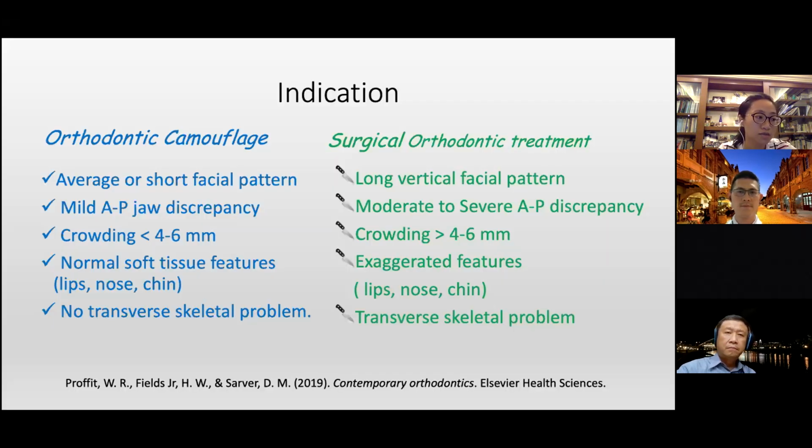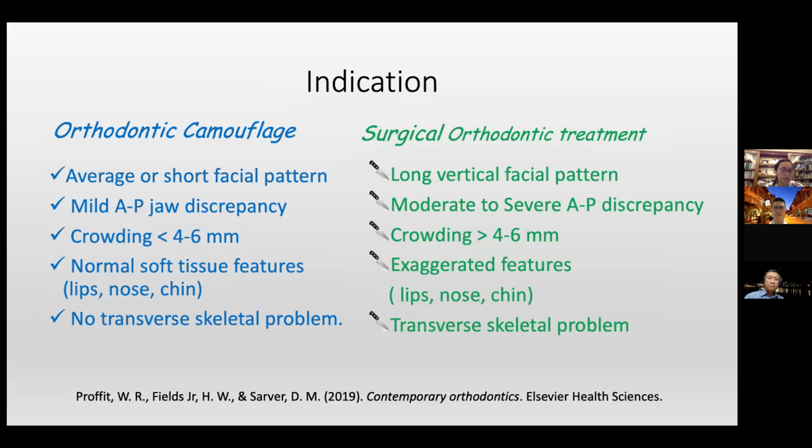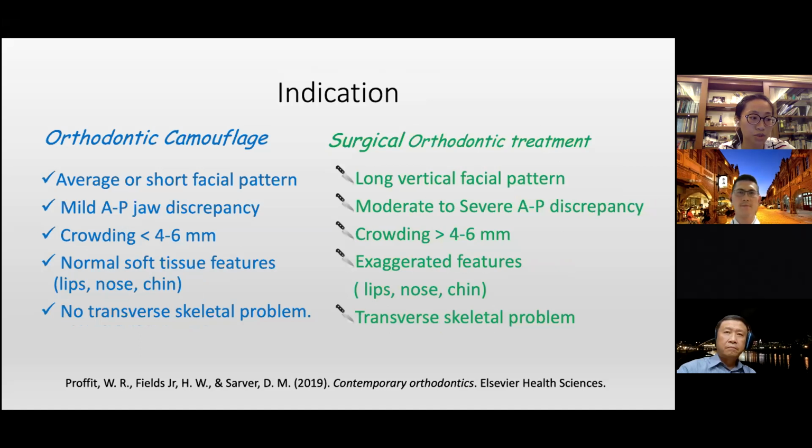Dr. Proffit proposed a general guideline to indicate which types of cases are suited for orthodontic camouflage treatment and which cases are indicated for surgical orthodontic treatment. Patients with average or short facial patterns, mild AP jaw discrepancy, crowding less than 4 to 6 millimeters, normal soft tissue features in lips, nose, and chin, and no transverse skeletal problems are suited for orthodontic camouflage treatment.